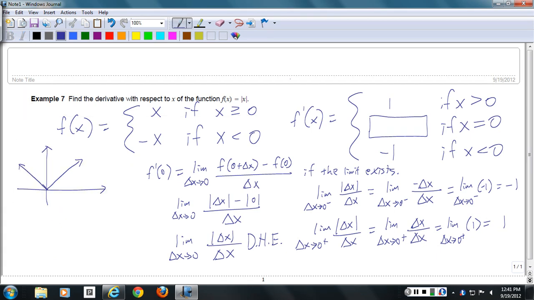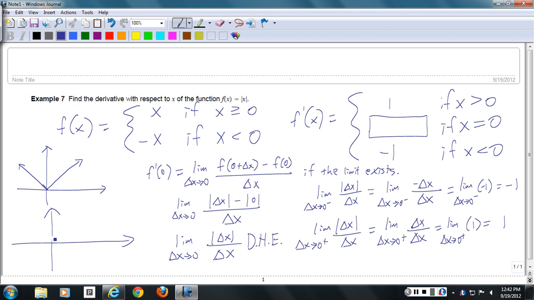A very helpful exercise, I think, to see the connection between the graph of a function and the graph of its derivative is just to look at the graph, not so much the expression defining the function, and see if we can graph the derivative, the function that tells us the slope at any point.